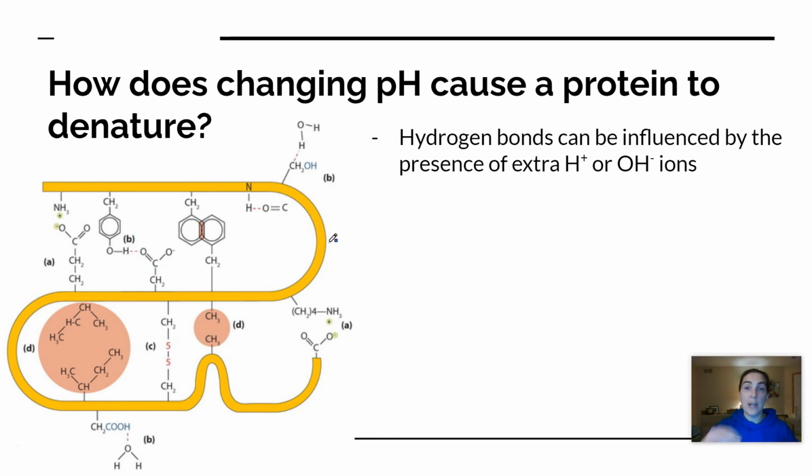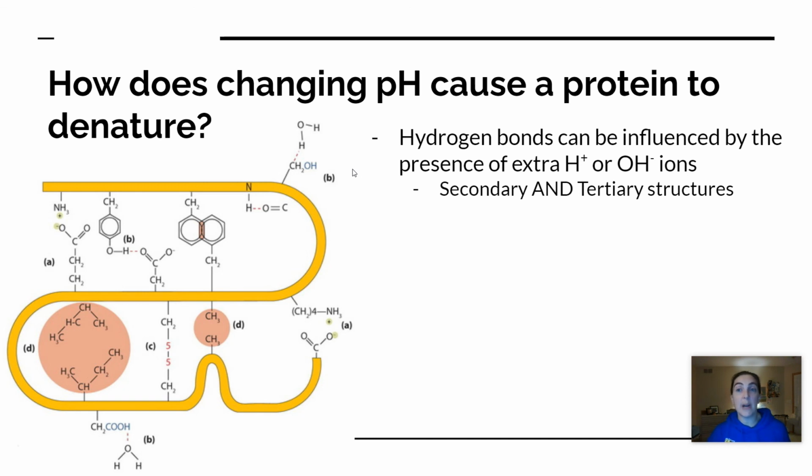So that's one way. And hydrogen bonds, of course, are part of both the secondary and the tertiary structure of a protein. The secondary structure involves hydrogen bonds between the backbone of the protein. That's not shown in this picture, but it is part of the structure of that protein.